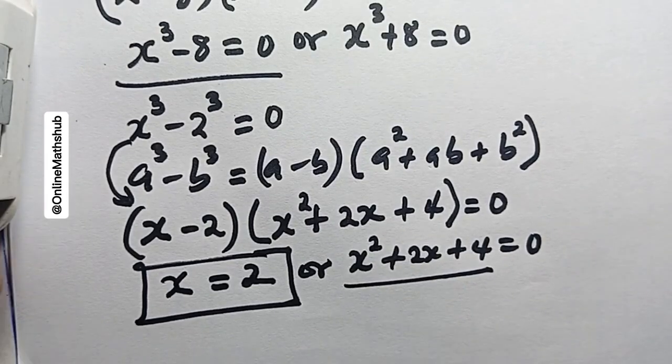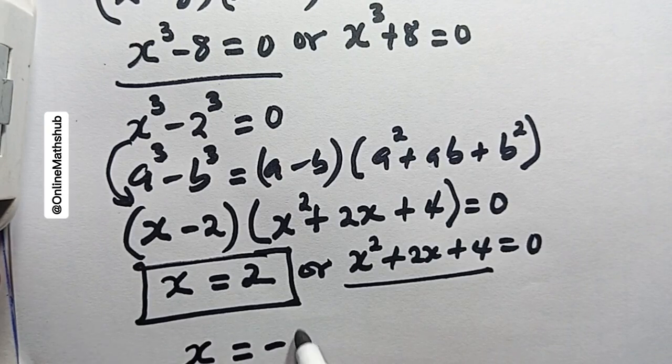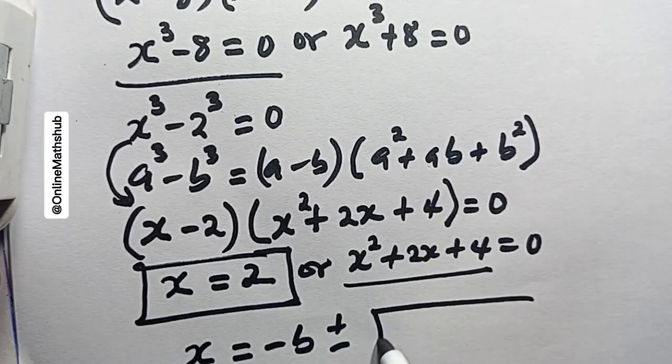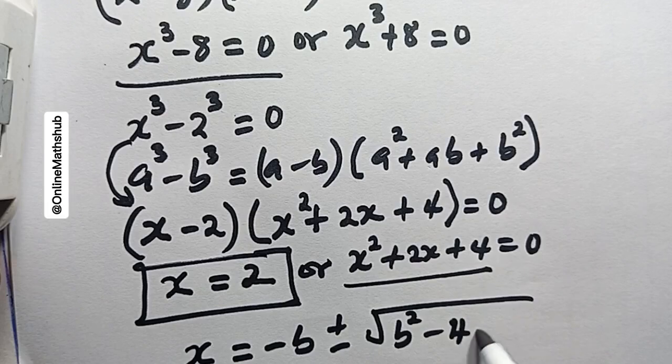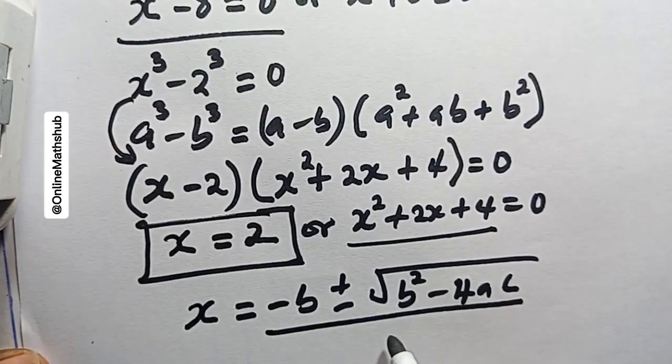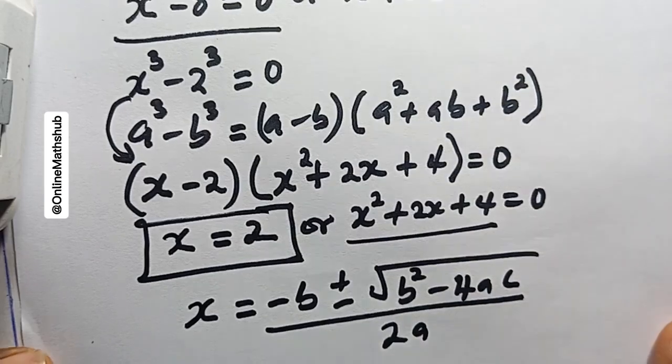So what I'm going to do next is to solve this quadratic equation here, and to make it easier, I'm going to use the general formula method. So x will be equal to minus b plus or minus the square root of b squared minus 4ac, and then divided by 2a.